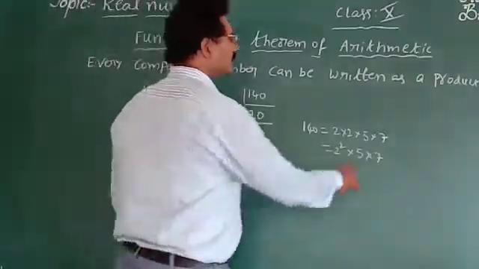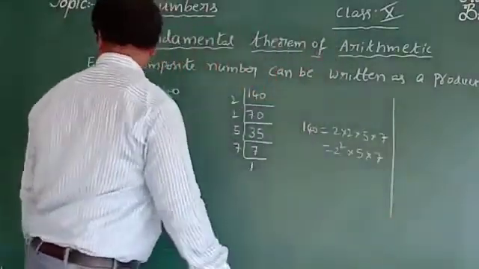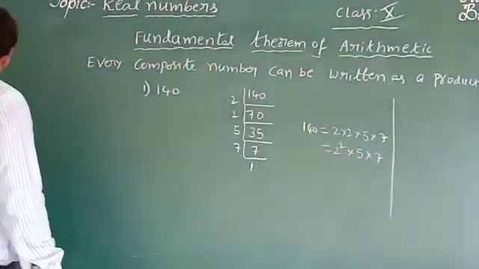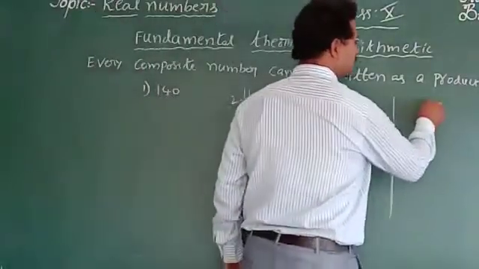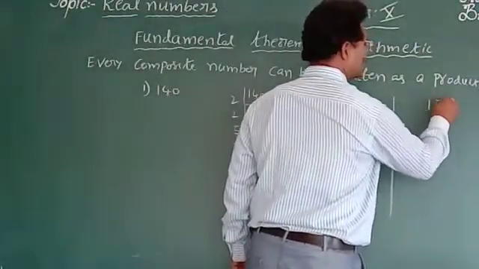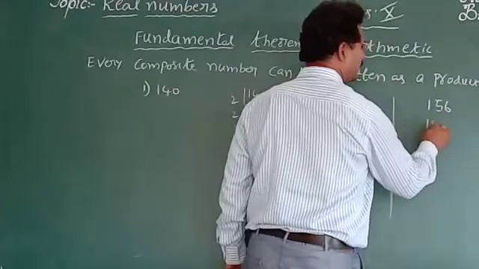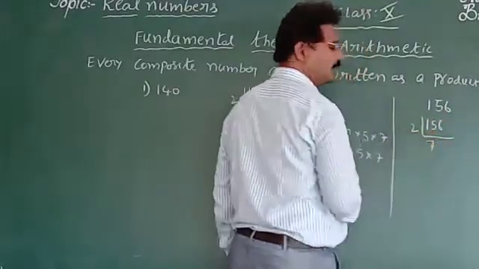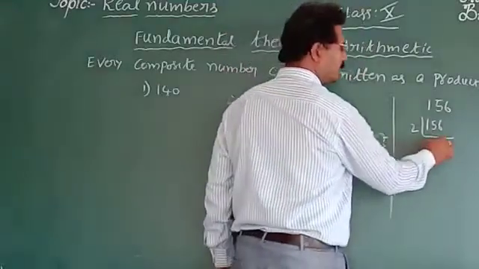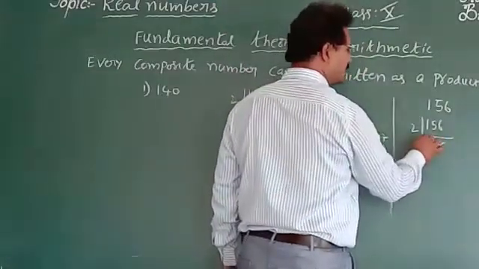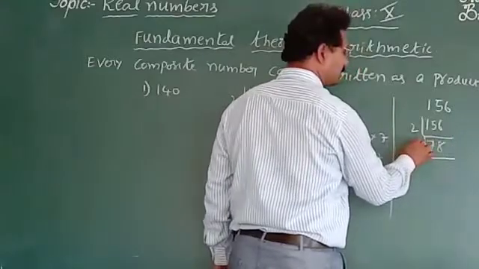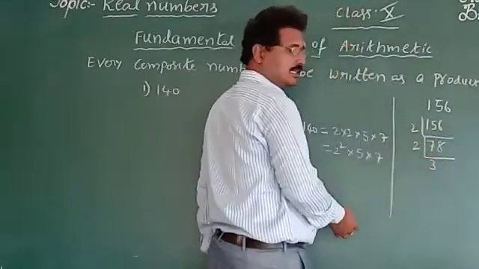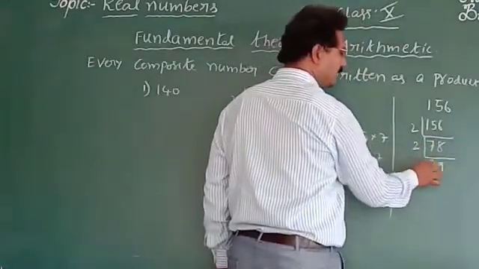Next, another example like that, after 140: 156. 156 can be written as, first of all, 2 7s are 14, 15 minus 14 is 1, that is 2 8s are 16. Next, 2 3s are 6, remaining 1, 2 9s are 18.